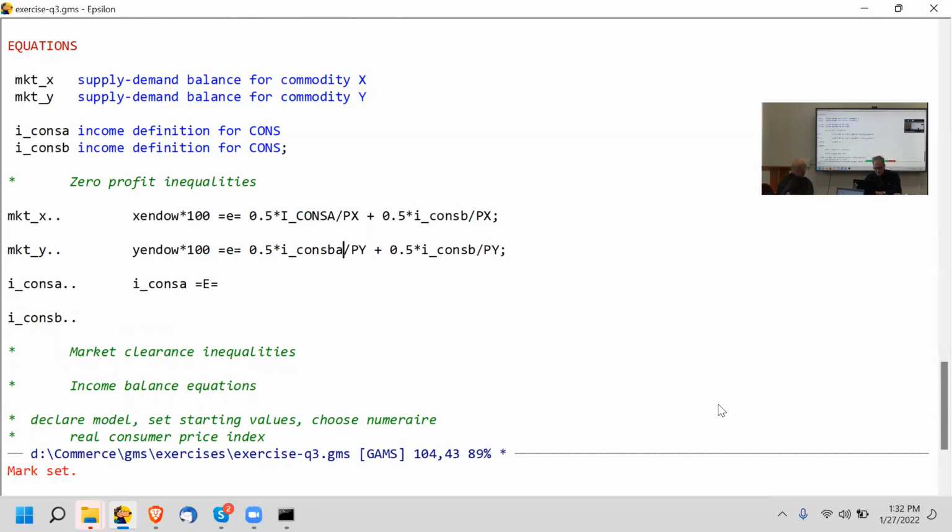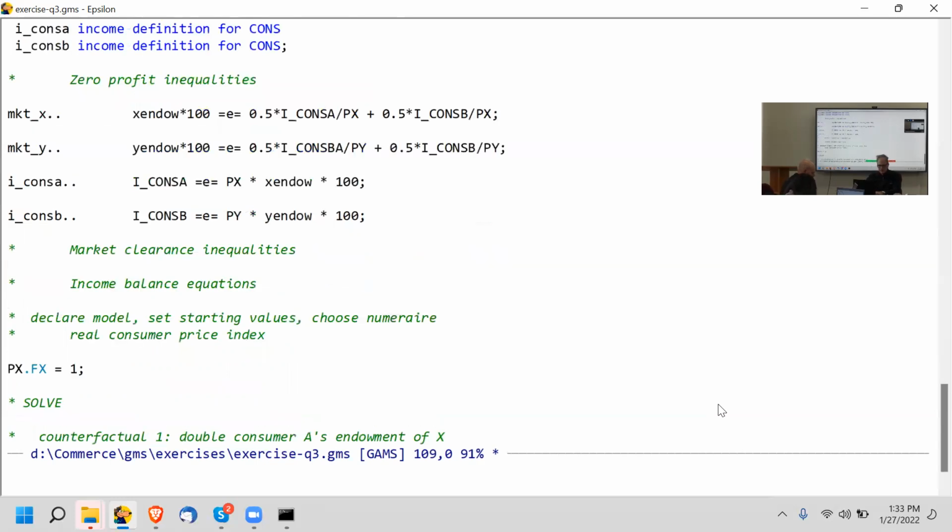Cons A should be like this. PX times X endow times 100. So that's all that stuff.